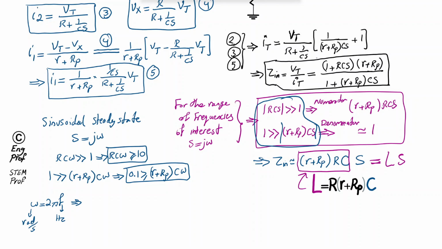So I can end up computing that the frequency of operation for this simulated inductance should be in the range of: 10 divided by 2πRC, less than or equal to f, less than or equal to 0.1 divided by (R plus RP) times C times 2π.